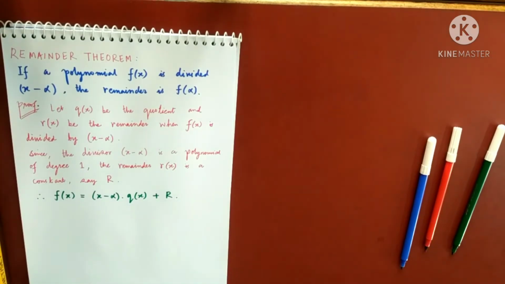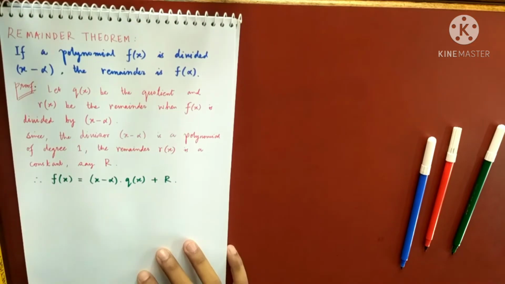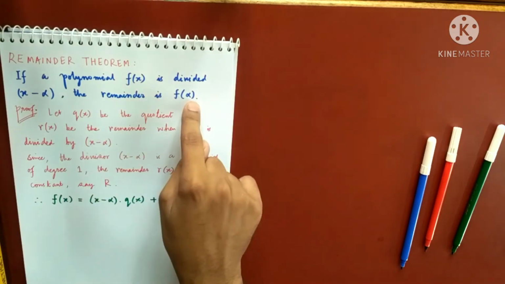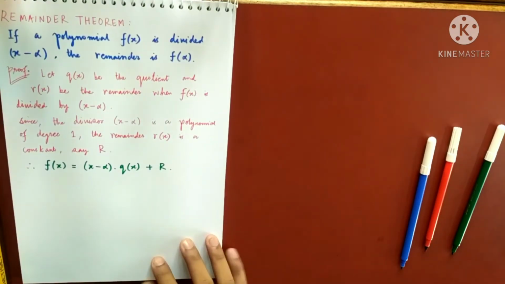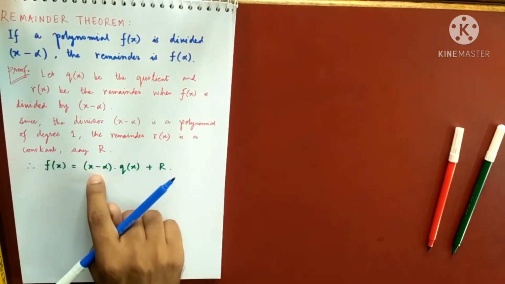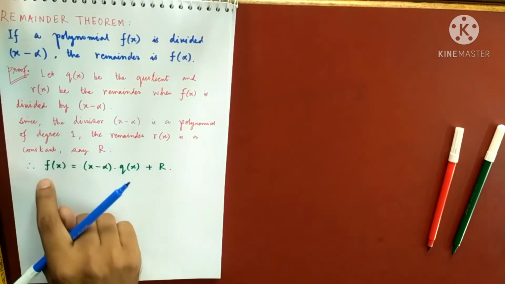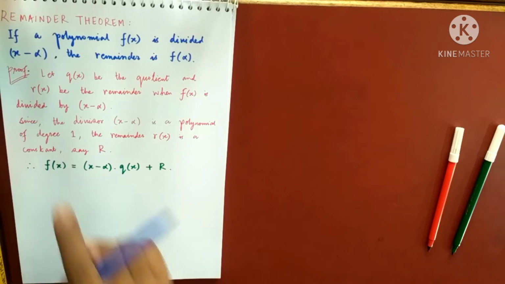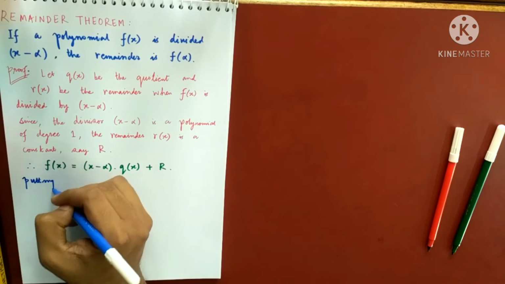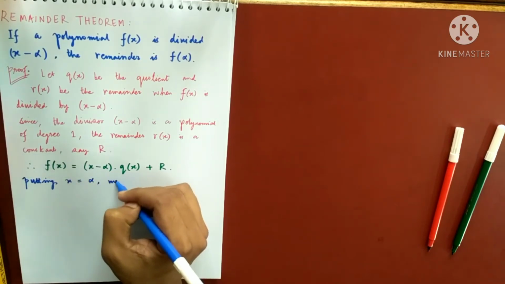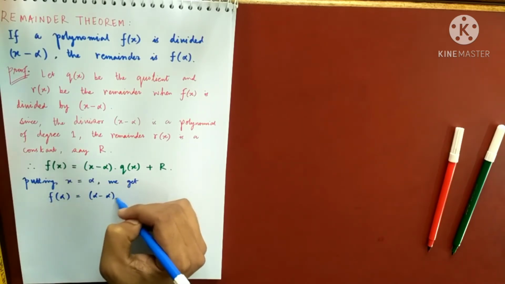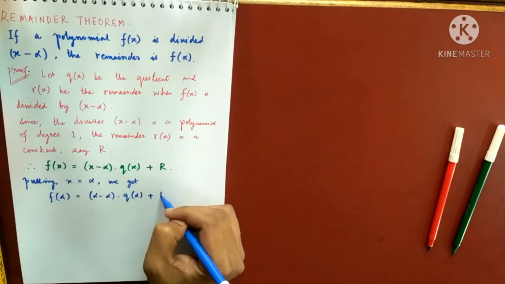Now remember that my aim is to find r, because I have to prove that the remainder is f of alpha. To determine r, I have to make this term 0. How can I make it 0? By putting x equals alpha, because this is true for every value of x. Putting x equals alpha, I get f of alpha equals alpha minus alpha times q of alpha plus r.